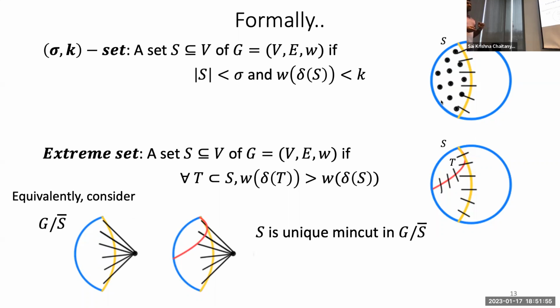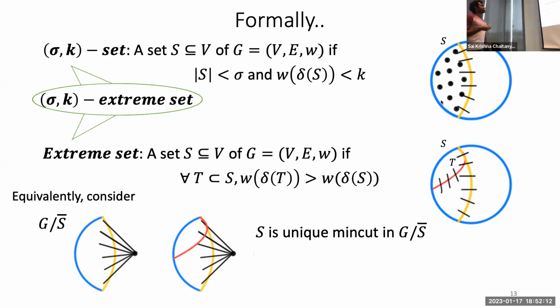So S is actually the unique min cut of G contracted S bar, because every cut in this is larger. So S becomes the unique min cut based on this definition of extreme set. And we define something called a sigma k extreme set, which means it's both a sigma k set as well as an extreme set. This is just combining the definitions of these two.